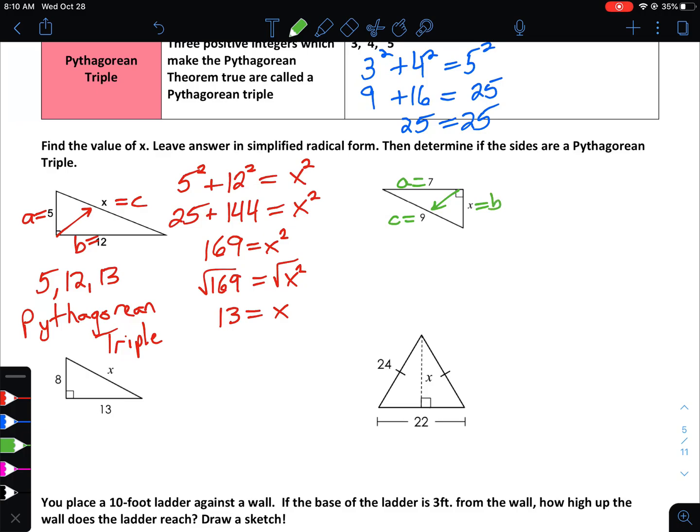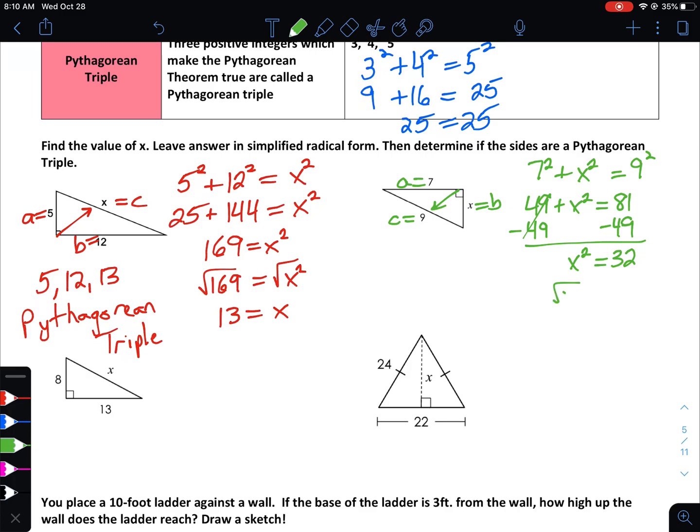So setting up our Pythagorean theorem, we're going to say that A squared, which is 7 squared, plus B squared, which is x squared, is equal to C squared, which is 9 squared. 7 squared is 49, plus x squared is equal to 9 squared, which is 81. So now let's go ahead and subtract 49 from each side to try solving for x. So that's going to leave us with x squared is equal to 32.